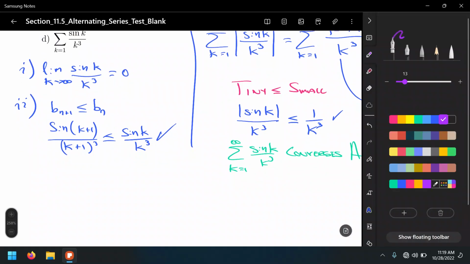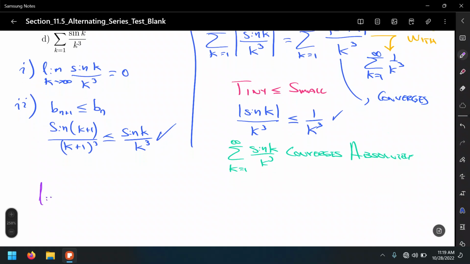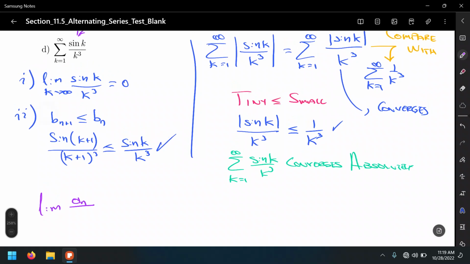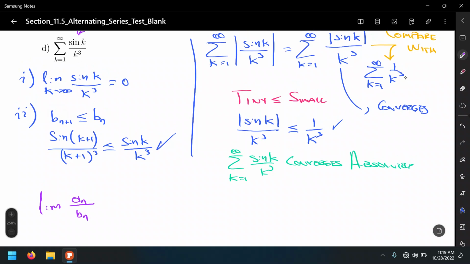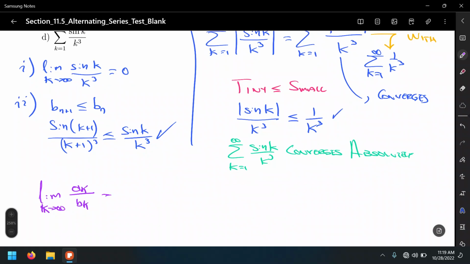However, for the limit comparison test, we take the limit of a sub n, which is the original series, the original problem, this one right here, over b sub n, which is the test series, as n approaches infinity. Well, in this case, it's going to be k. All right. So this will be the limit of the absolute value of sine k over k cubed, divided by 1 over k cubed, as k approaches infinity.